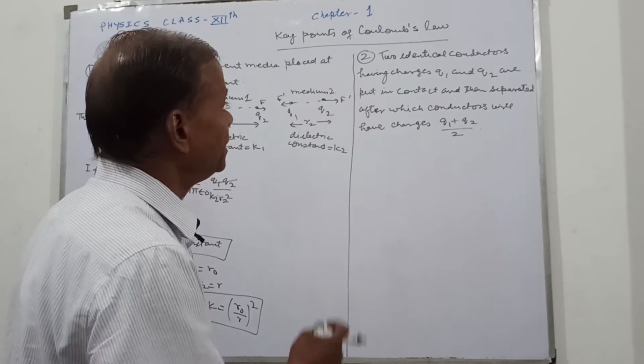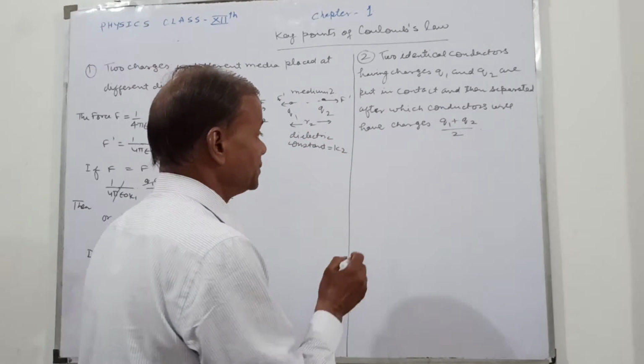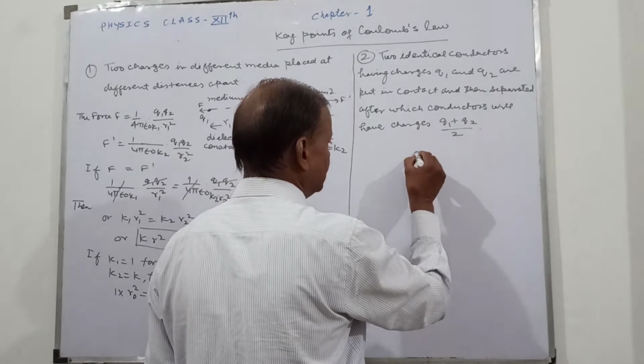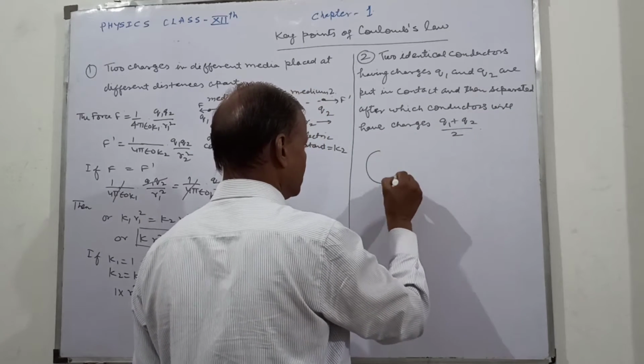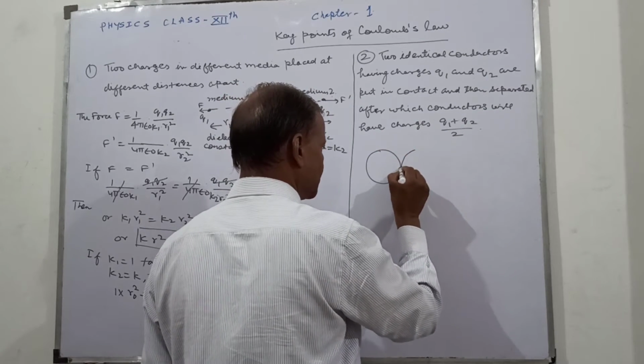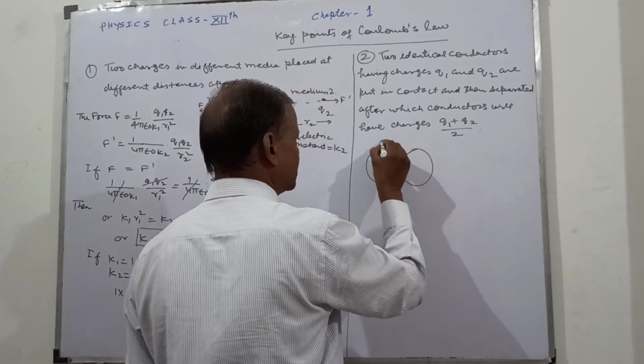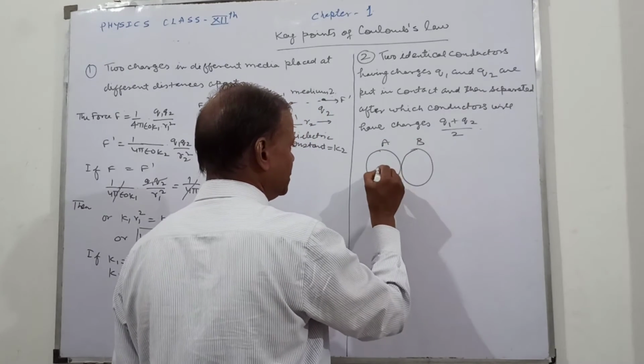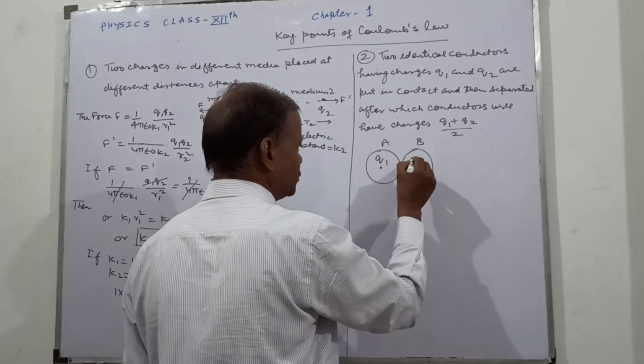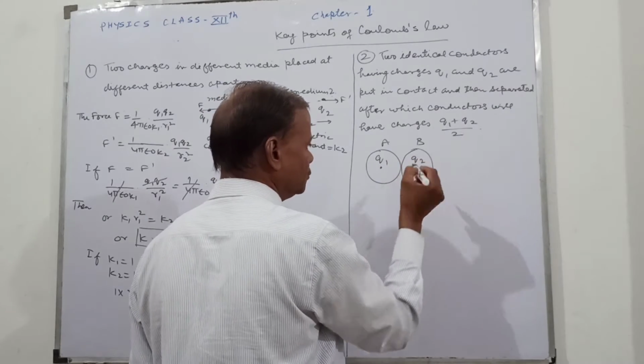So we are given the identical conductors. Suppose this is A, this is B, this is carrying a charge Q1, this is carrying a charge Q2.